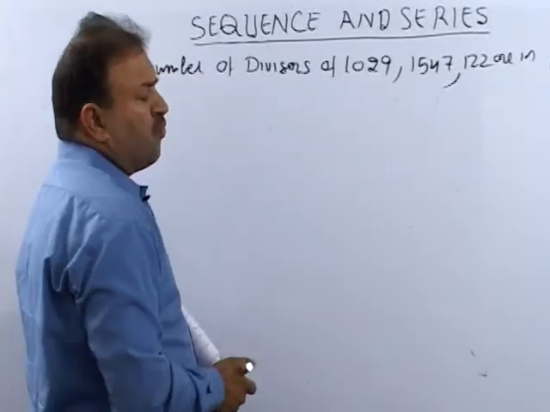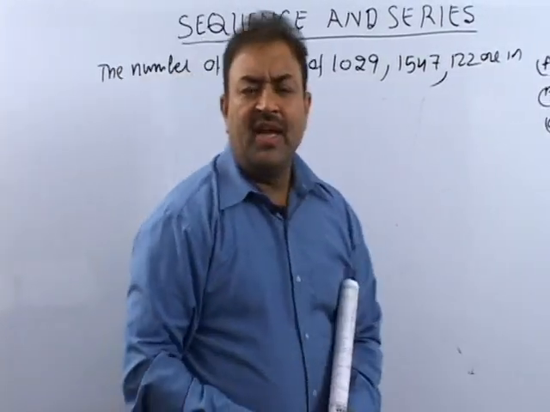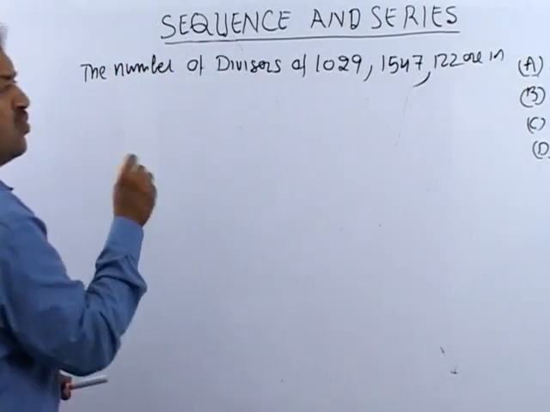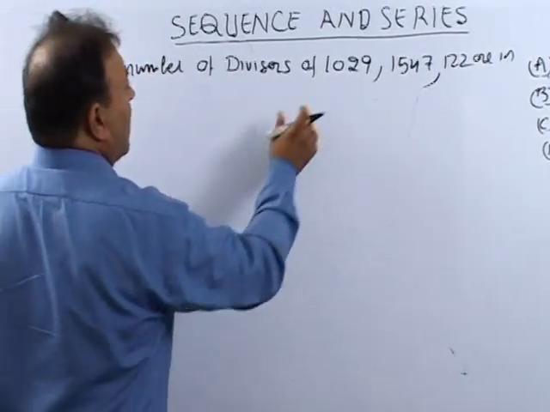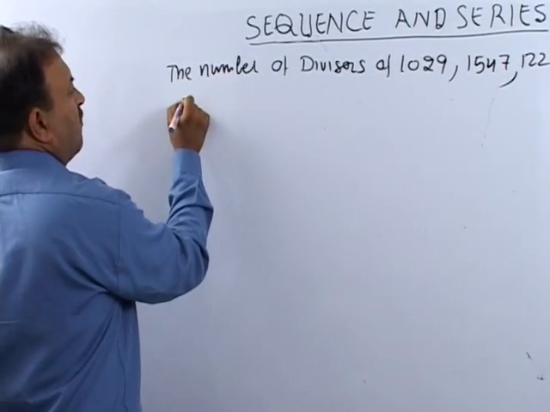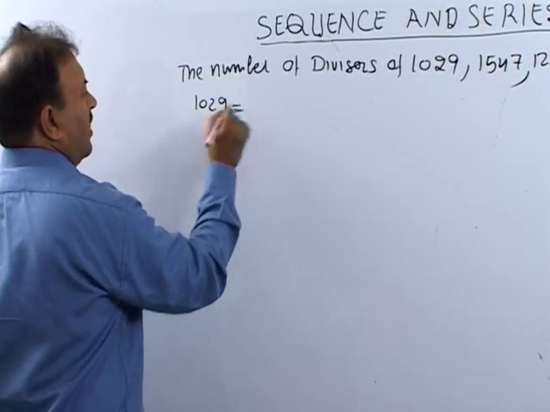Now finding the number of divisors is a question of permutations. So we will find the number of divisors. First we have to break up 1029.